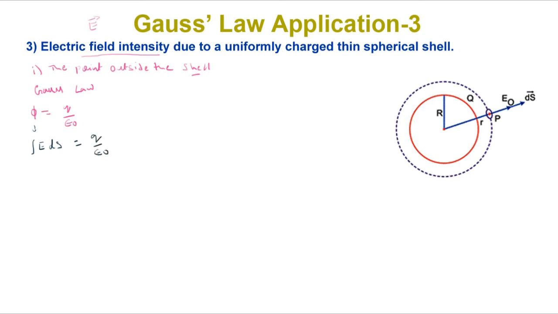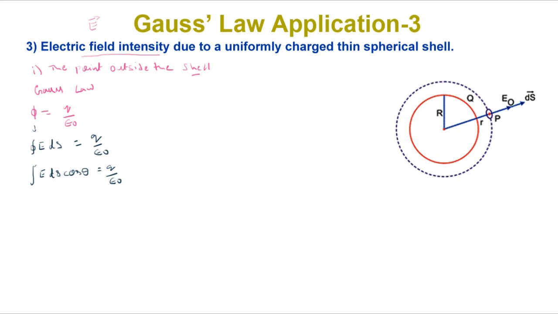This is only the magnitude. We have to add the direction. You know very well, in the previous derivation I showed you, we just have to add cos theta: E into ds cos theta, including the direction, is equal to Q by epsilon naught.